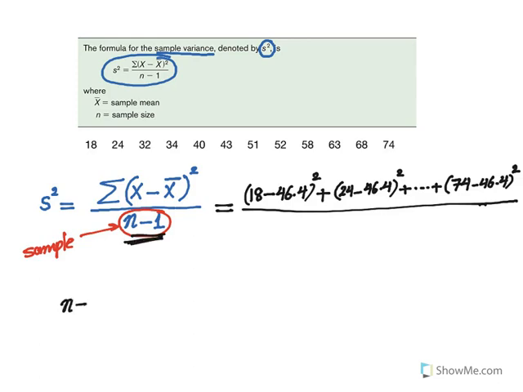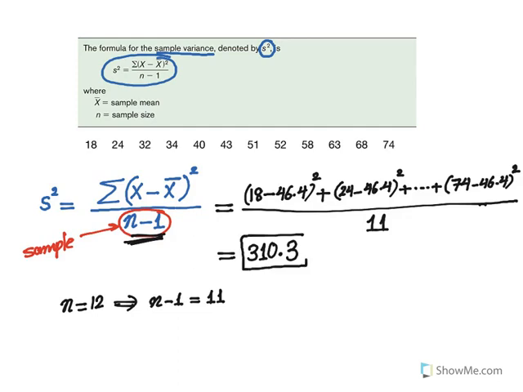Remember that our n in this case was 12. We have 12 values, which means that n minus 1 is 11. So this is why we will divide here by 11. And if you do it, you'll get 310.3, rounded again to 1 decimal, because our data don't have decimals in them.